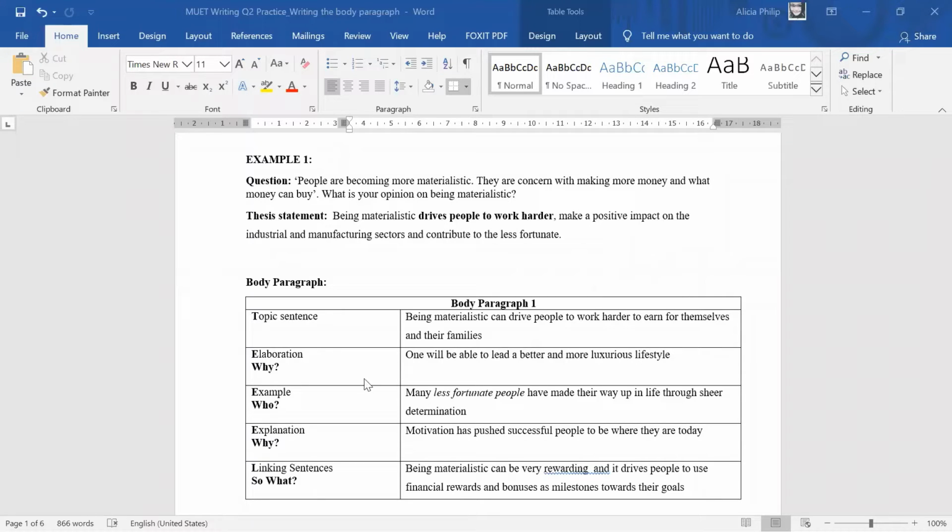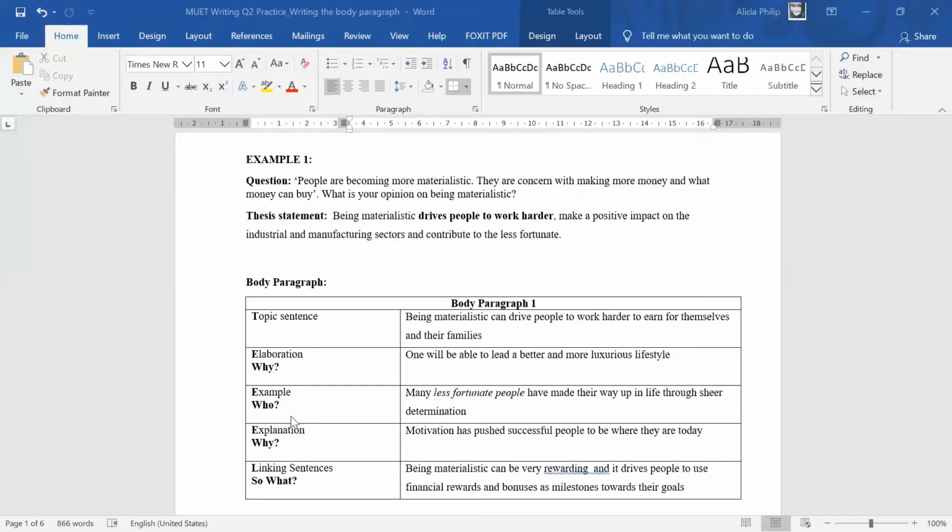Now remember I told you you have to ask questions. So here you ask the question why. Why does being materialistic drive people to work harder? The answer is to lead a better and more luxurious life. That's why. And here you add on an example. If you don't know what example to give, then you can ask a WH question.